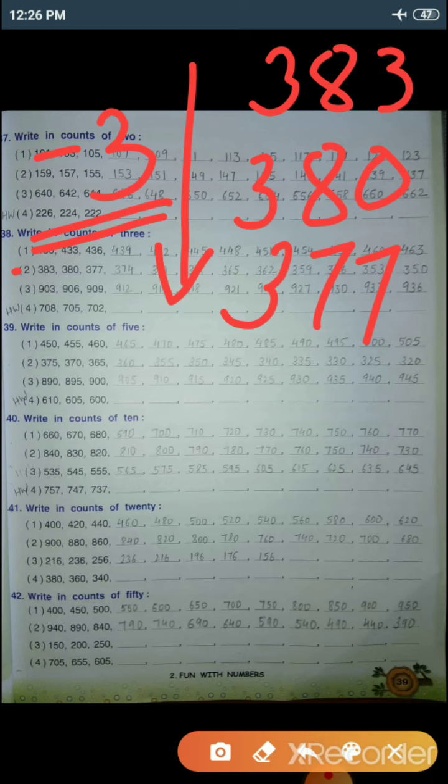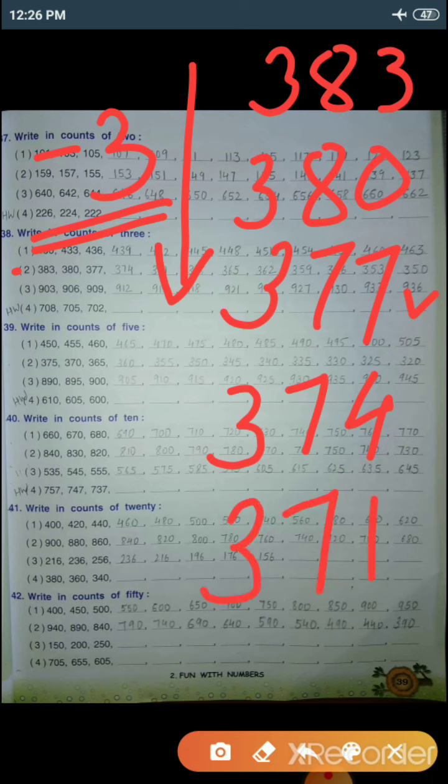Now again we are going to subtract 3 from this number. So subtract 3, we'll get here 374. The next number is again subtract 3. So 371.